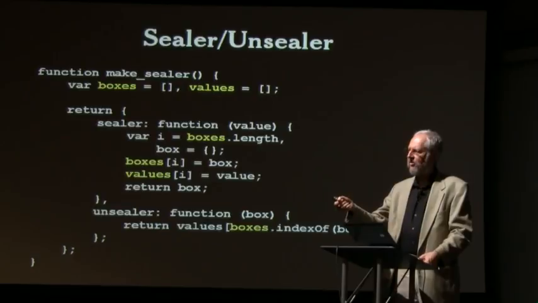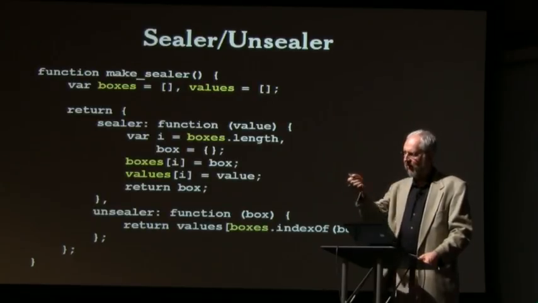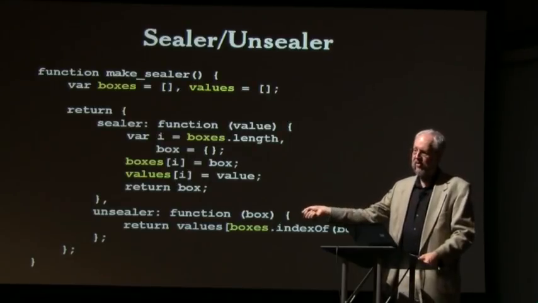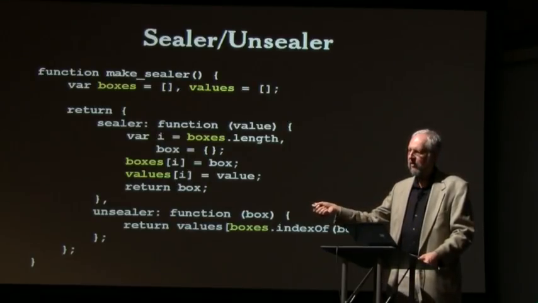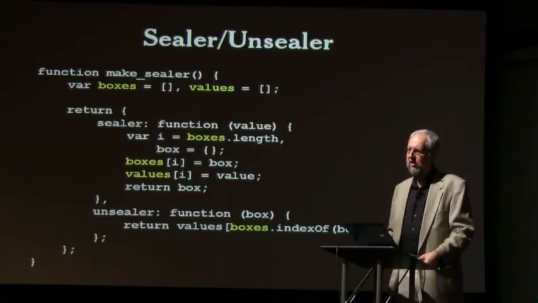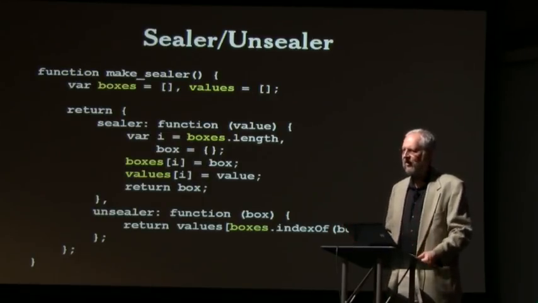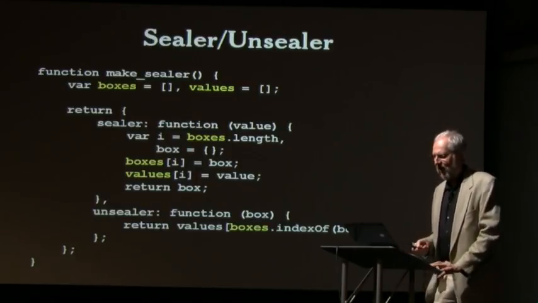I want you to be able to take that envelope to the cashier and get reimbursed, and I'd like you to be able to give that envelope to someone else and allow them to be reimbursed. But I don't want you to be able to open it yourself, and I don't want you to be able to tamper with it, and I want the cashier to be able to verify that, in fact, it is the original untampered-with thing. We can do that really easily in JavaScript, it turns out.